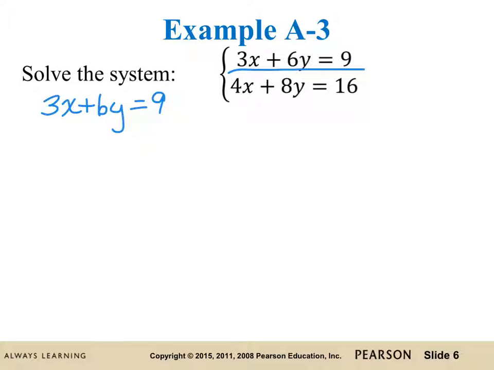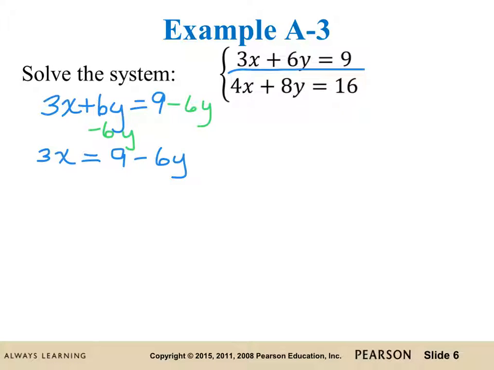And I'm going to solve that equation for x. My first step in doing that is to subtract 6y from both sides, which will give me 3x equals 9 minus 6y.